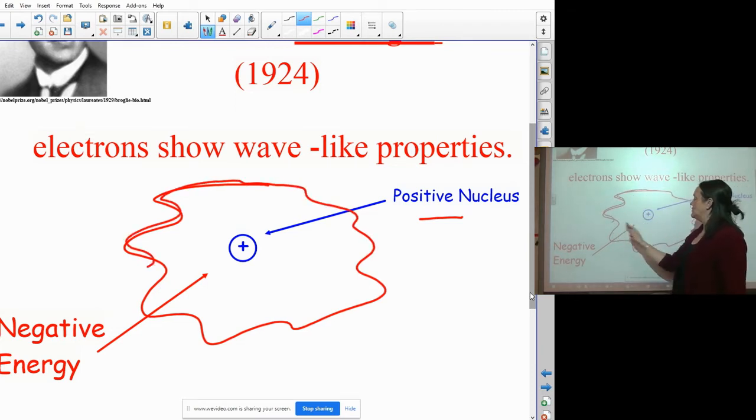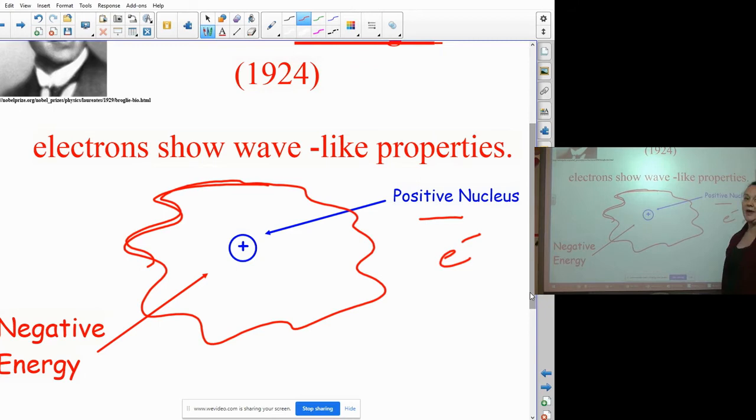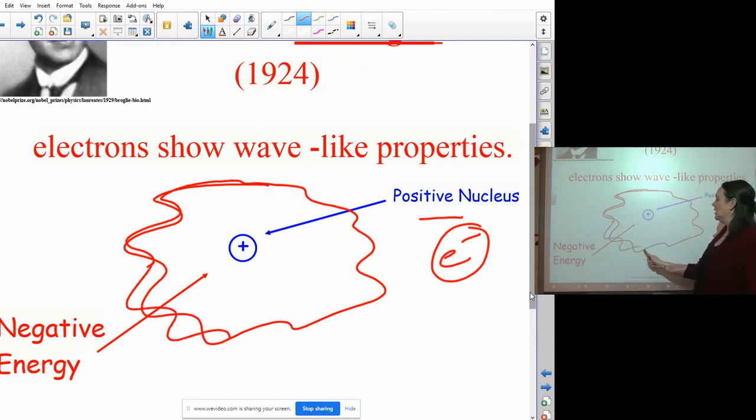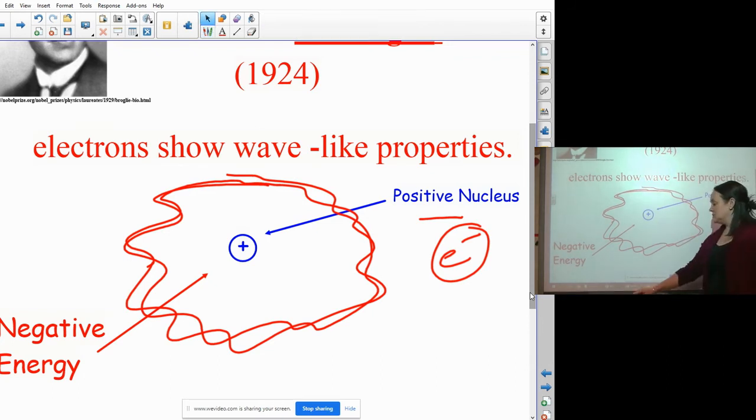And so no longer are we drawing them as little e's, but they can, because they can be both. So they're either little e's at a certain point in time, or electrons can be all around the nucleus at the same time as a wave of negative energy, okay? So it can be both.